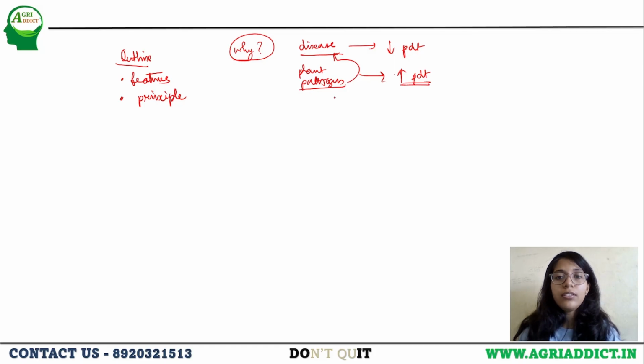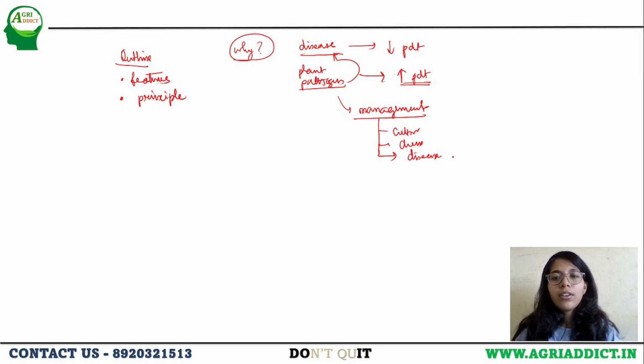So for this reason, we need a proper management strategy. This management strategy includes various methods like cultural methods, chemical methods. Even the farmer can adopt the cultivation of disease-resistant varieties. So all this comes under the management strategy.